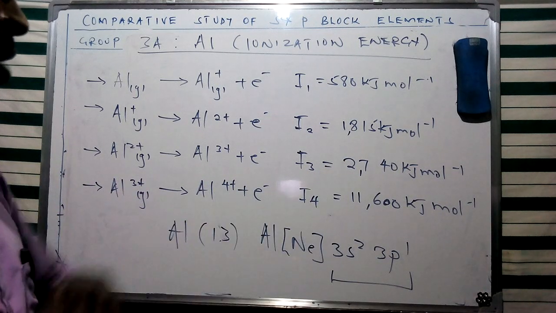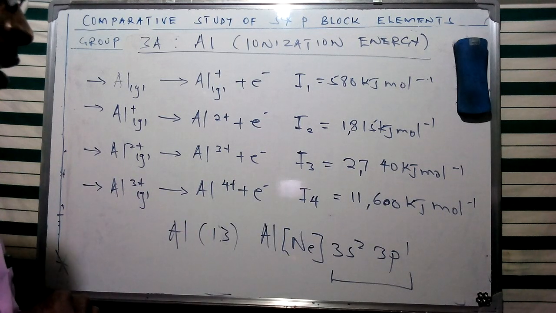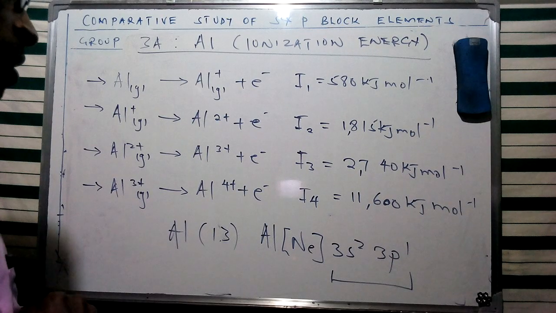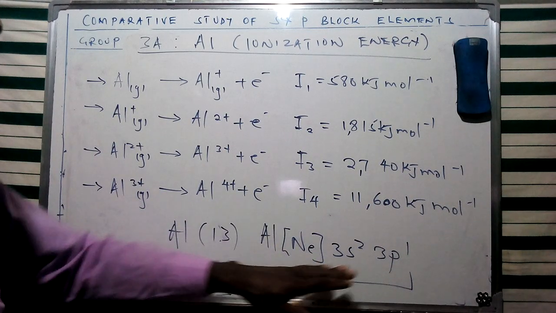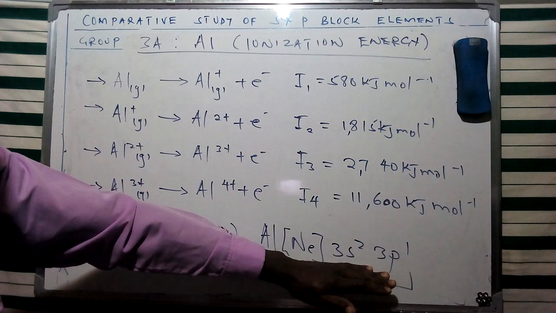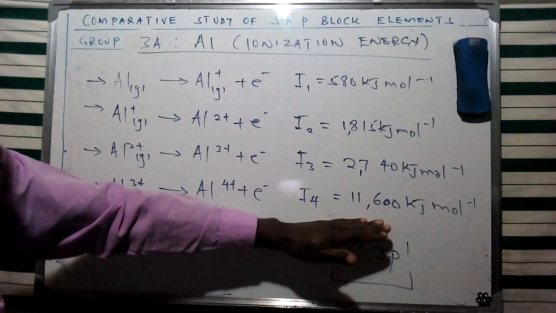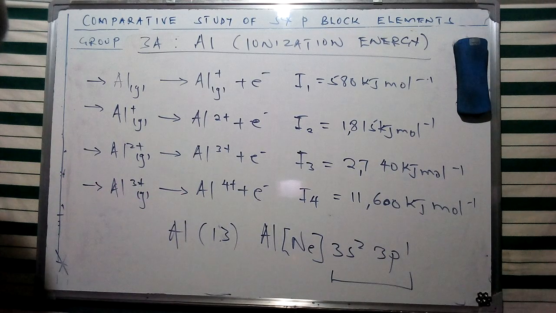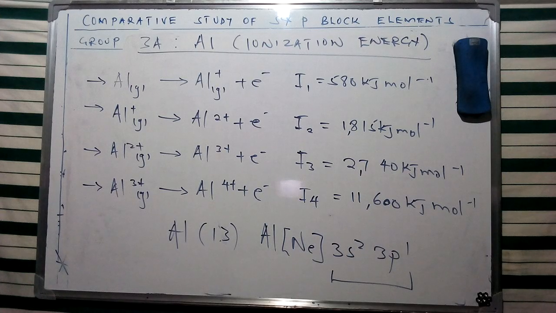And of course, the third one is 2740 kilojoules per mole. And the last one is going to be considerably great for the fourth ionization energy. Now, as we can see at this specific point, the valence electrons will have been taken out of the system. And then at this particular point we are going to be having the stability of a noble gas, which is neon, having this large quantity of ionization energy being shown as such.